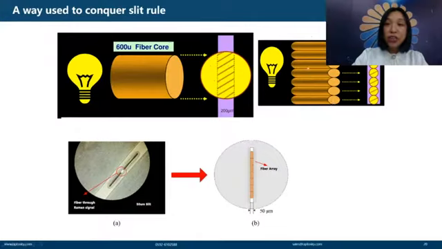And we also took a picture of how the light goes through the slit. This is the fiber through the Raman signal, and this is a 15 micrometer slit. If we use a longer slit, we can have more energy coming, and we have a higher light intensity.